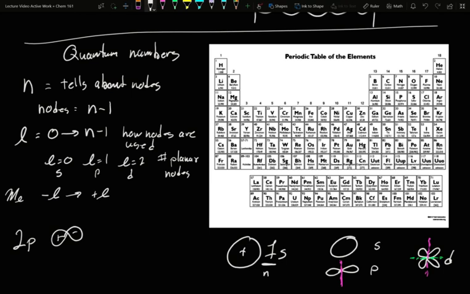To have a p orbital, there are actually 3 combinations. Because L equals 1 for this shape, this comes with 3 varieties. When L is 1, you can have m sub L be minus 1, or 0, or plus 1.